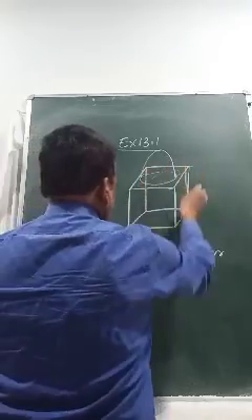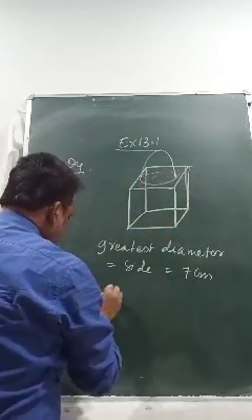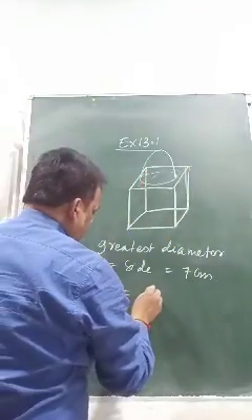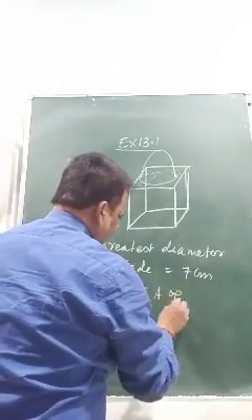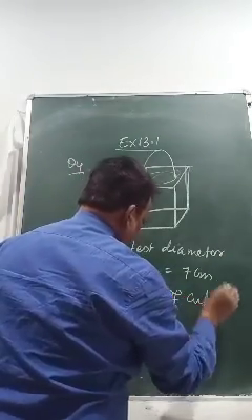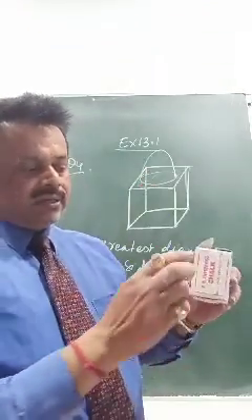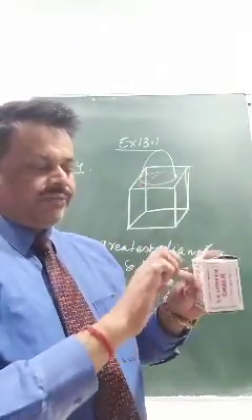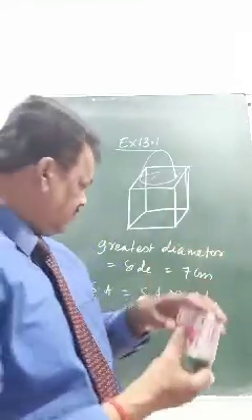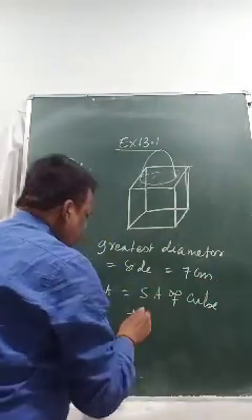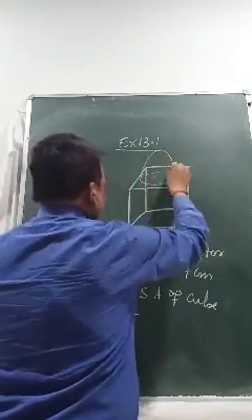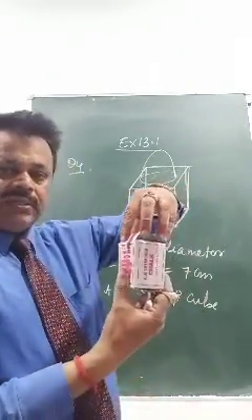Look here. There are 6 faces, so the surface area will be the surface area of the cube, that is 1, 2, 3, 4, 5, 6 faces, plus the curved surface area of the hemisphere which you are keeping over this.